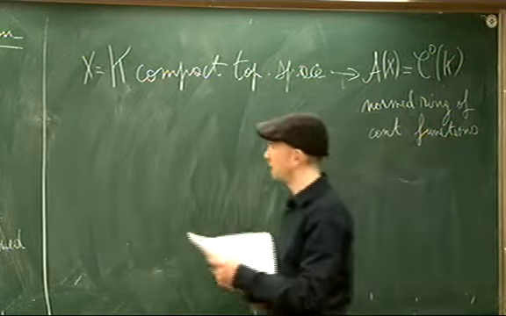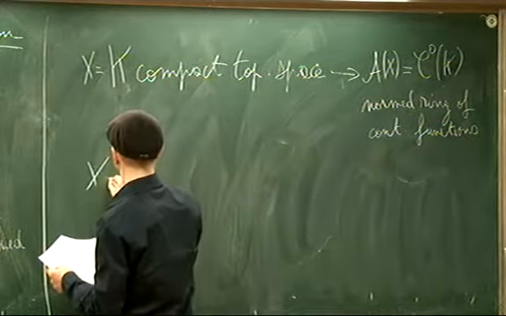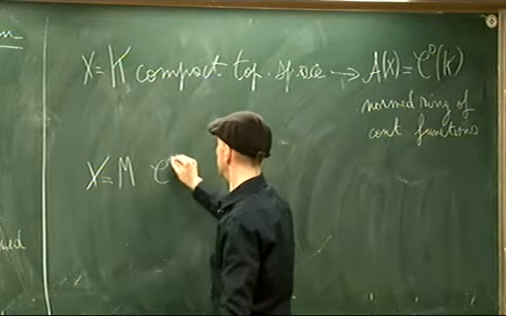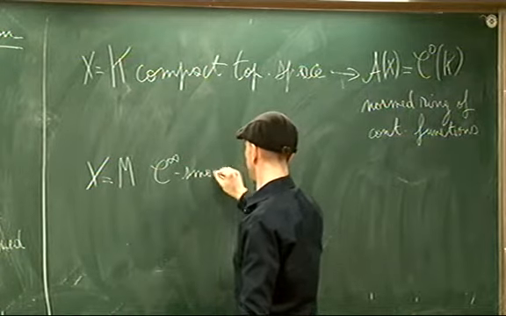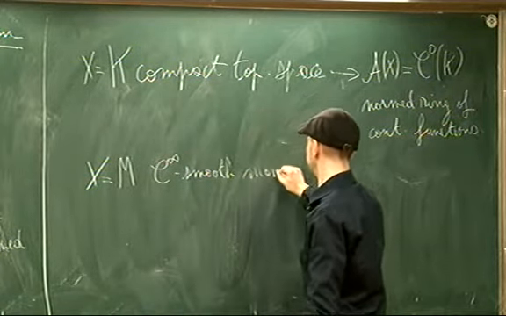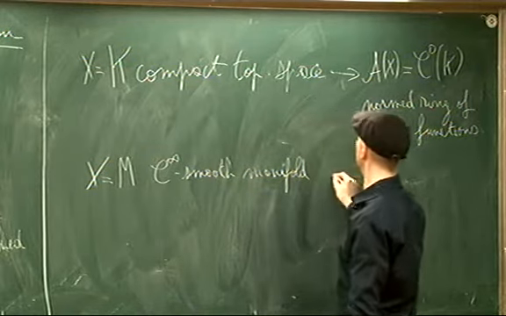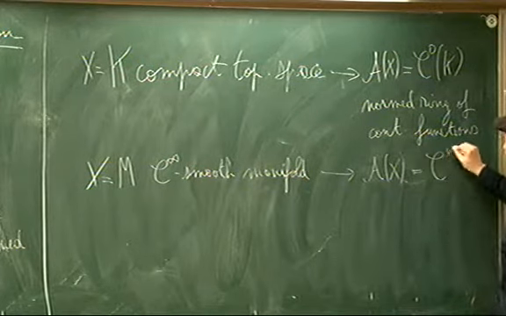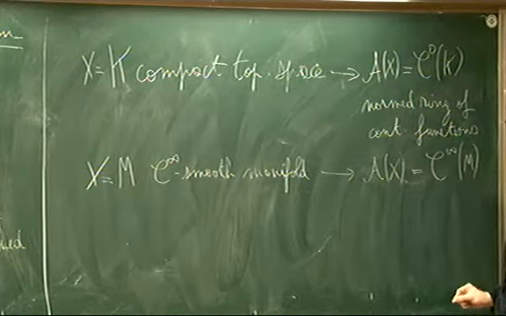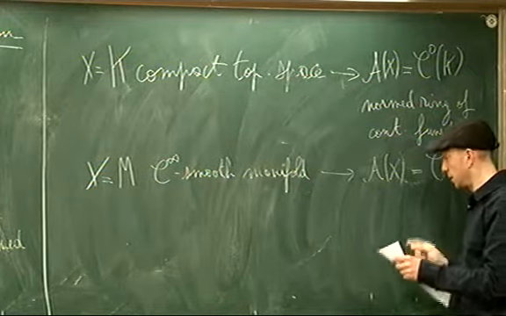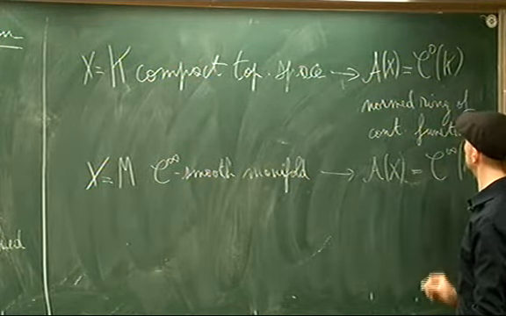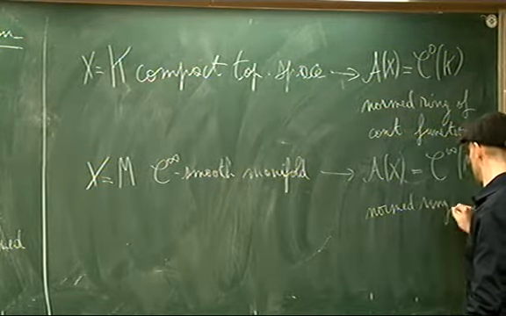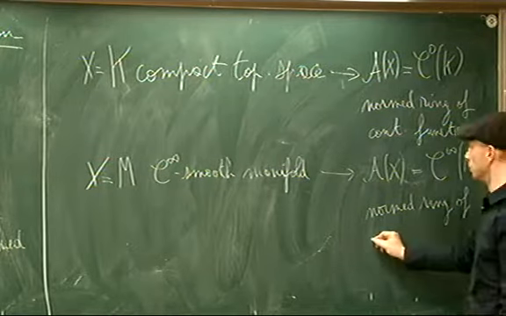Now in another category, if we take X to be, let's say, M, a C infinity smooth manifold, then we can do something similar, but this time we associate the algebra of C infinity functions. Again, I want to put some topological structure: a normed ring of smooth functions.